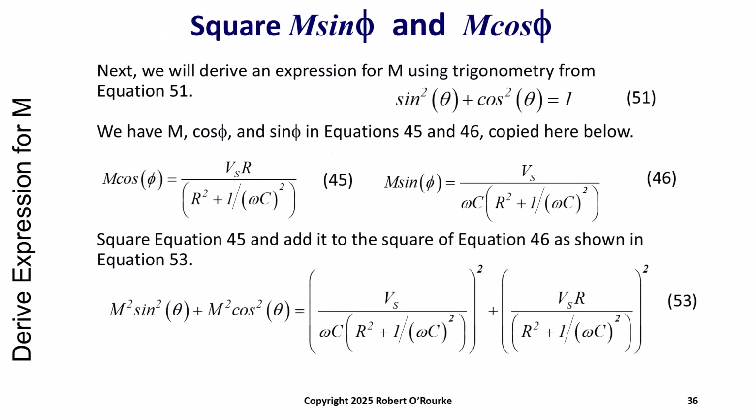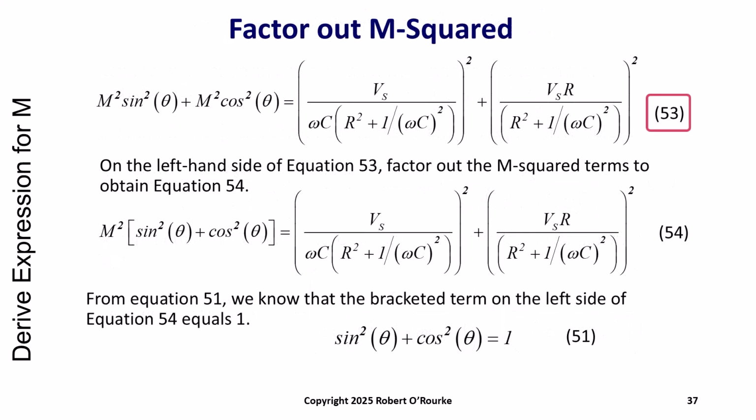Square equation 45 and add that to the square of equation 46, resulting in equation 53. Factor out the M squared term on the left-hand side of equation 53 to obtain equation 54.